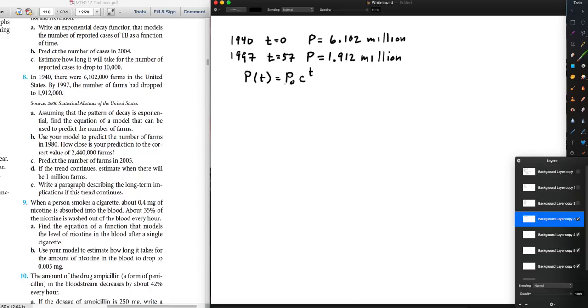So I can plug all that in: 1.912 equals 6.102 times C to the t. I don't know what C is; that's what I'm going to have to look for. And t is 57 at this point. So plug everything in, and then we have to solve for C. Divide both sides by 6.102. If I do that, I get 0.3133.